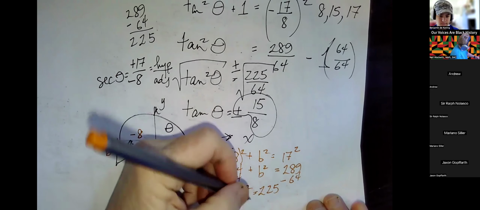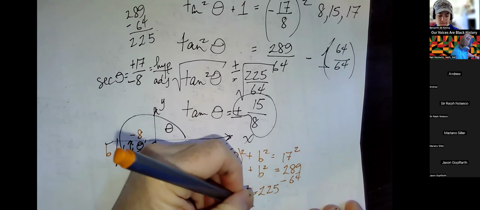And that means that b is plus or minus 15. So now I've got, why did I label it with the negative and not the positive?